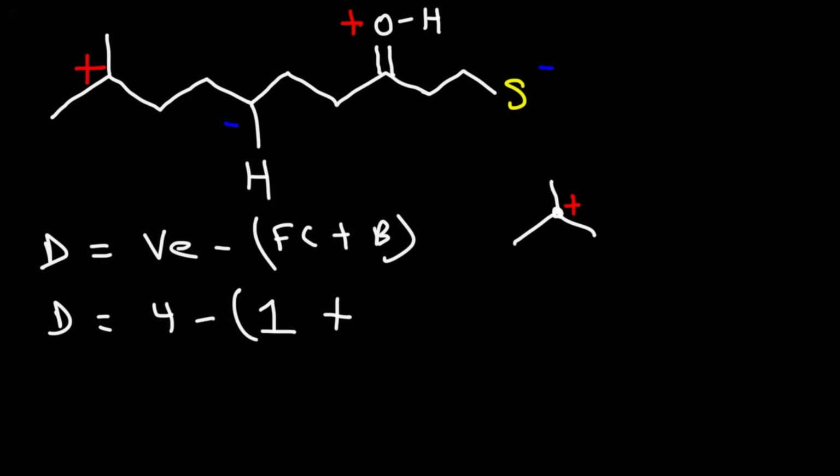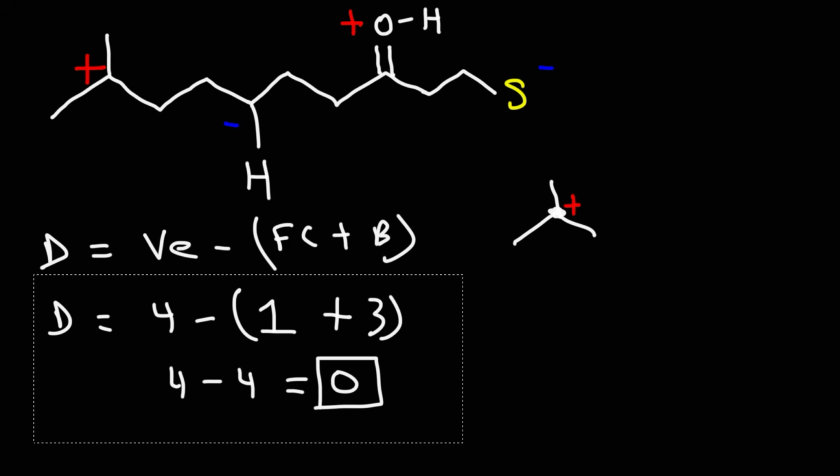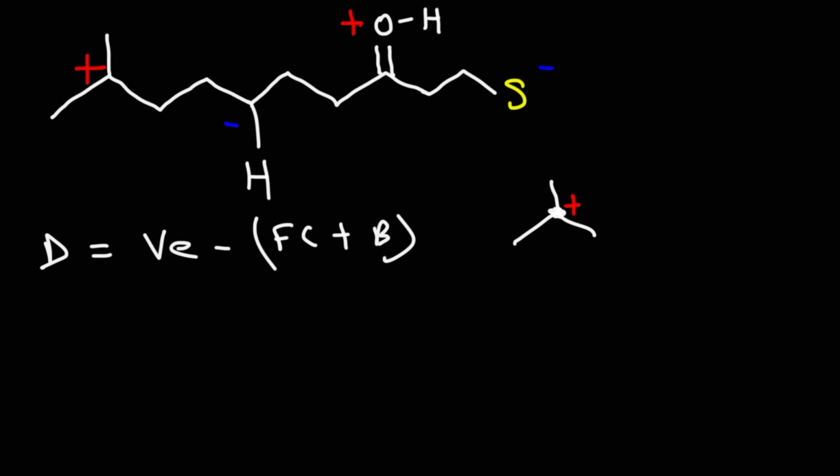And this carbon atom here, we can see that it has 3 bonds connected to it. 1 plus 3 is 4. 4 minus 4 is 0. So this tells us that there are no dots, which means there are no lone pairs on this carbon atom. It has an incomplete octet. So that's when this formula becomes very useful. It's for atoms that have an incomplete octet or an expanded octet.